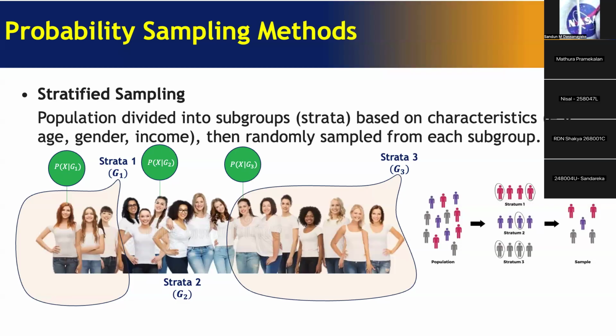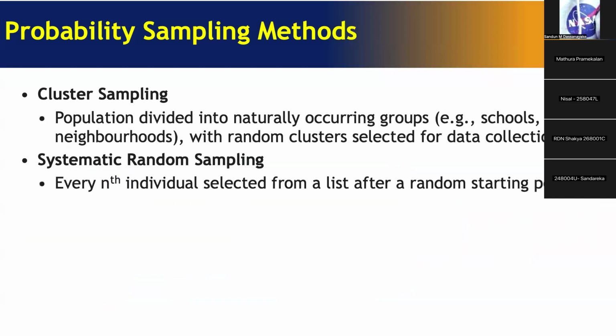Whenever you do stratified sampling, you have to have a subgroup. So in the population, there is a certain class, certain variation, certain label associated with that strata. Then you have cluster sampling, where the population is divided into naturally occurring groups, schools, neighborhoods, with random clusters selected for data collection.